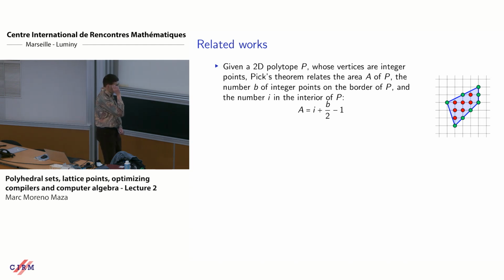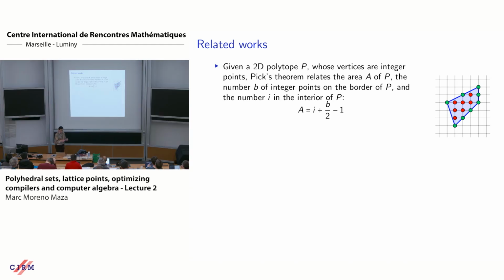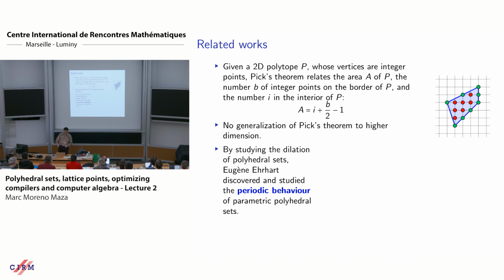Here we have to assume that actually the vertices are themselves integer points. I can relate that number with the number of integer points inside and the area. And so we have that formula. Unfortunately, there is no generalization of Pick's theorem in higher dimension. And this can be proved, actually, that it cannot be generalized.